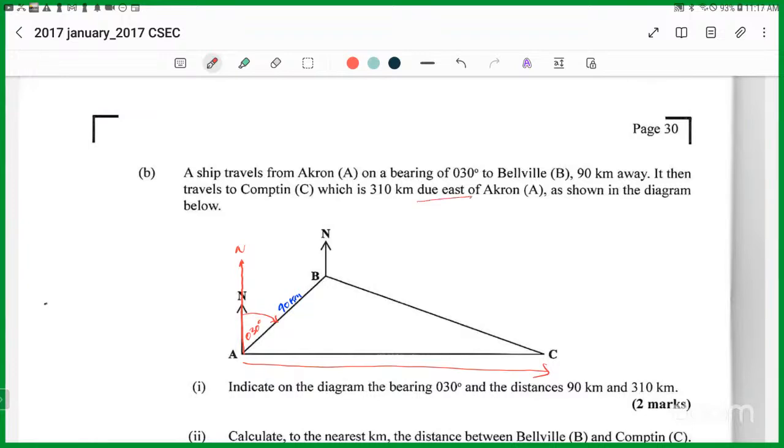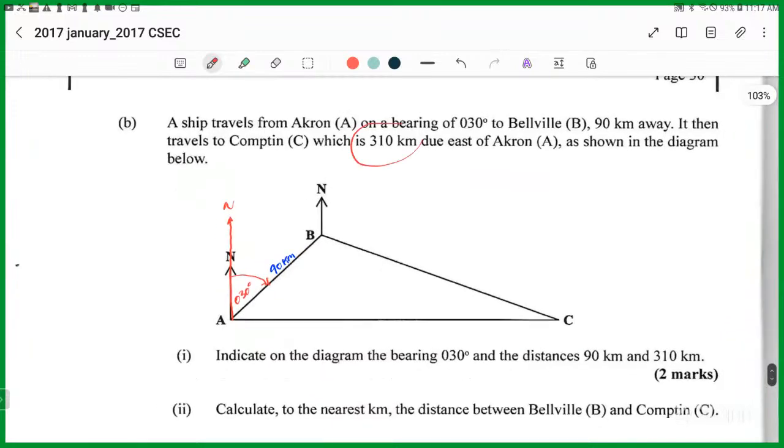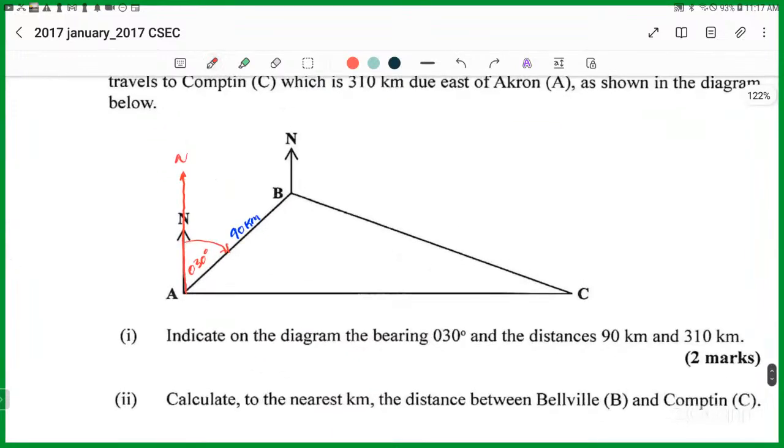Now, east is on a bearing of 090 degrees. So this is the east-west line right here, and it's 90 degrees to a north-south line. So the angle here is 90 degrees. And the distance is 210 kilometers. So I'm going to put the 210 kilometers on this line.